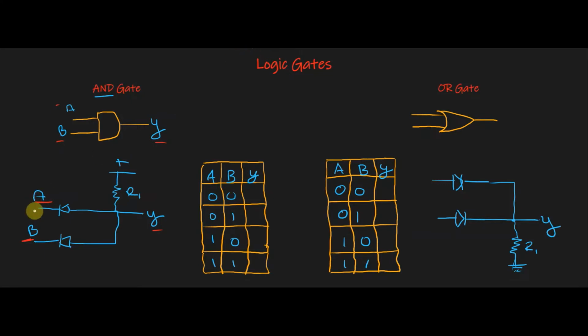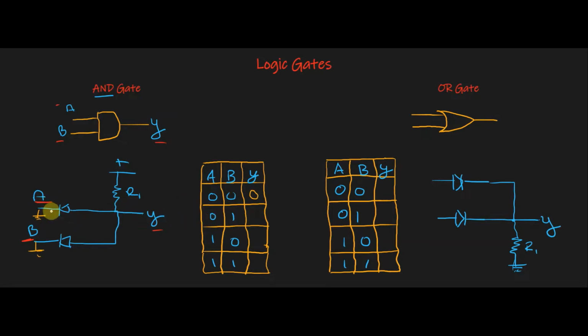So if I go with a 0, 0, which means both of these are grounded, then my output is going to be 0. If this is ground, then my power is going to flow this way, which because of this isolator on R, this is going to be a 0.